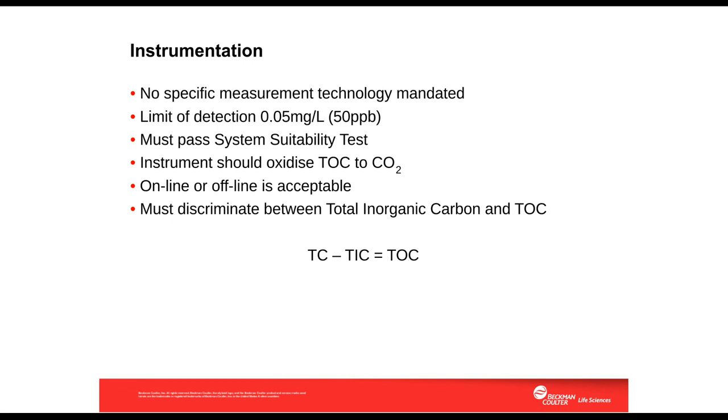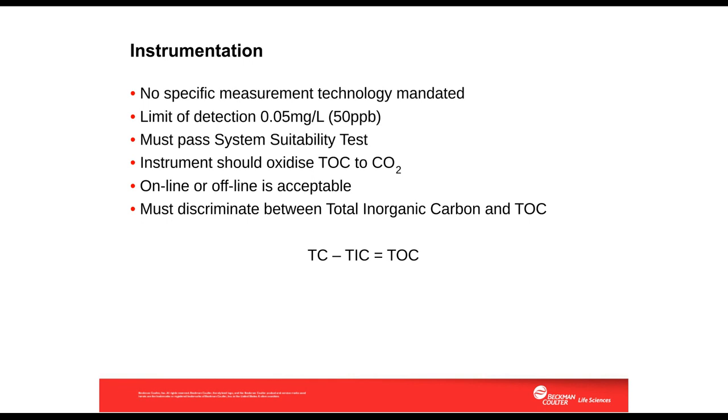TOC in water must be capable of discriminating between the TOC and the inorganic carbon that may already be present in the sample, total inorganic carbon it's called, such as dissolved carbon dioxide or bicarbonate.